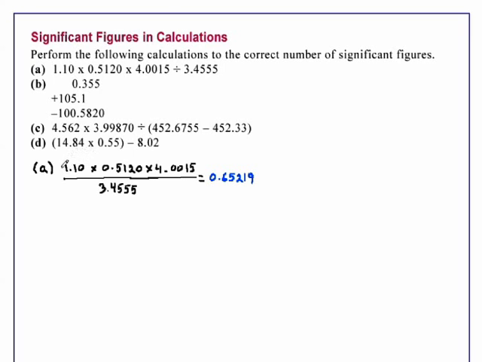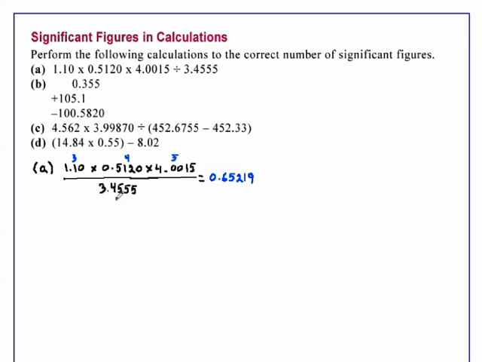In this first entry, the 1.10, we have 3 significant figures. The next figure has 1, 2, 3, 4. Next has 1, 2, 3, 4, 5. And lastly, we have 1, 2, 3, 4, 5.